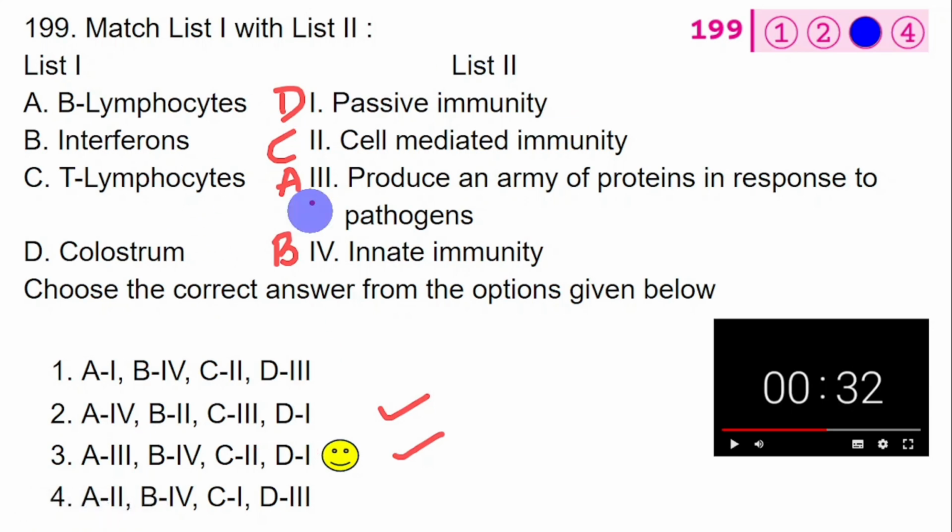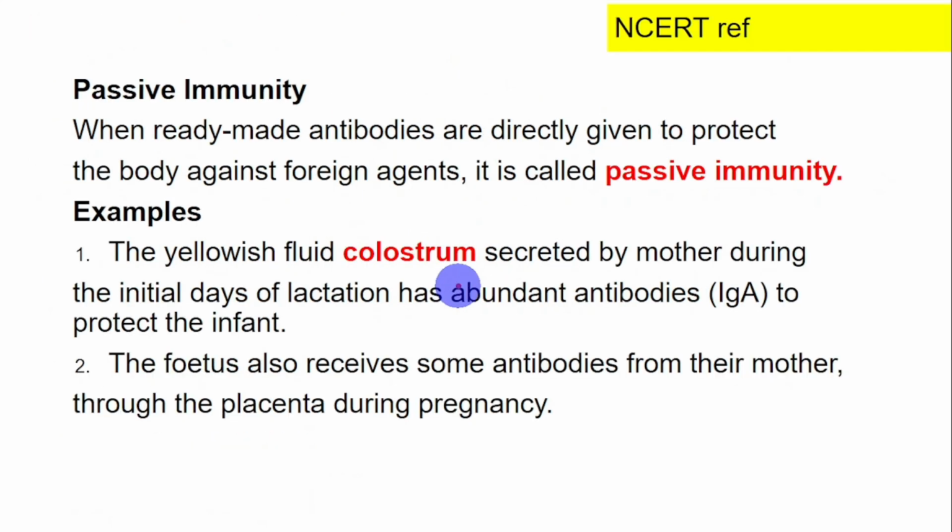So let's understand each and everything asked in this question. First one, passive immunity. Passive means when the immune system doesn't work to contribute to the immunity. We get ready-made antibodies. So when ready-made antibodies are directly given to protect the body against foreign agents, it is called passive immunity.